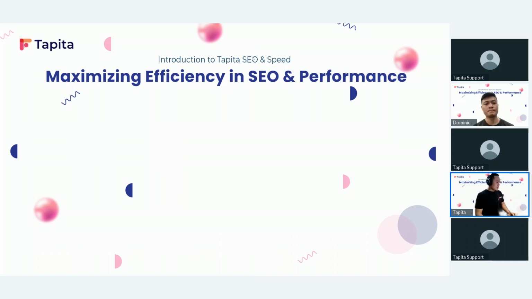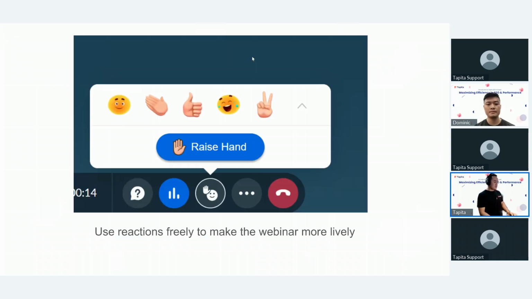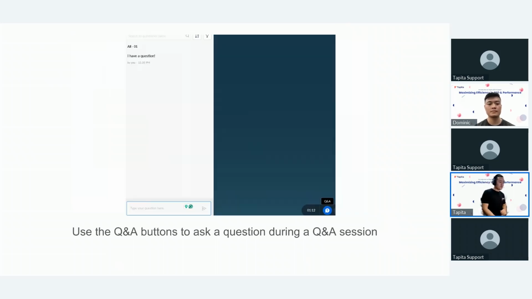As I mentioned, you can use the reactions to react to the webinar and make it a lot more lively. You can raise hand as well, but if you want to ask a question, you can use the Q&A buttons right here. But I think we should wait until the webinar reaches the point where there is a Q&A session.